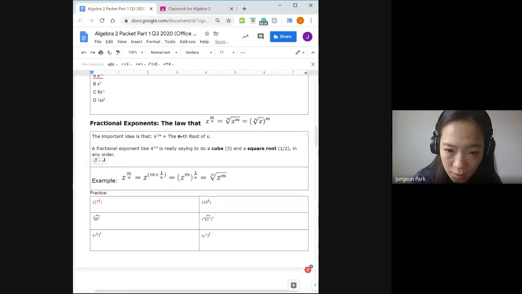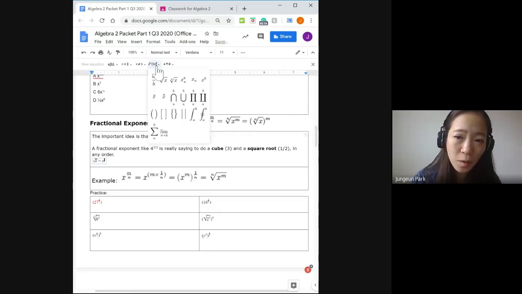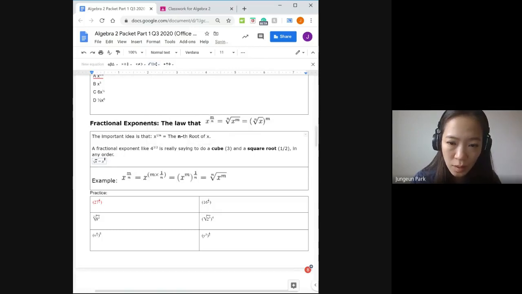You can see that next to x there will be an invisible 1 as an exponent, right? So that exponent becomes 1, and since it's a square root, that will give you 1/2. So it will be x to the 1/2.